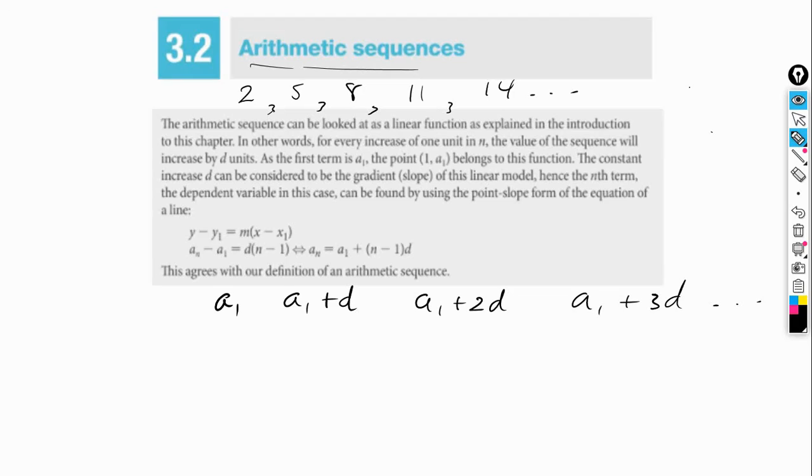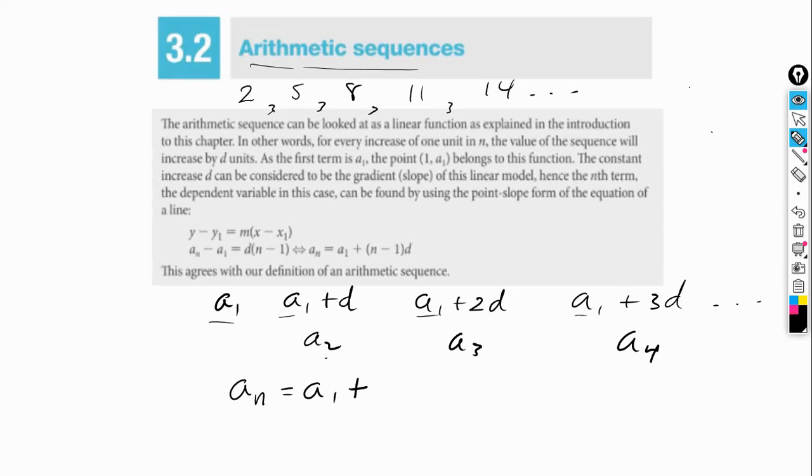So here you see a pattern. This would be the second term, this would be the third term, this would be the fourth term. The pattern is the following: the nth term is equal to the first term, since they all have the first term, plus something times d.